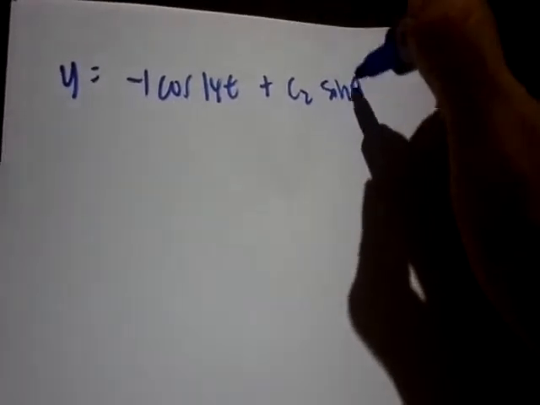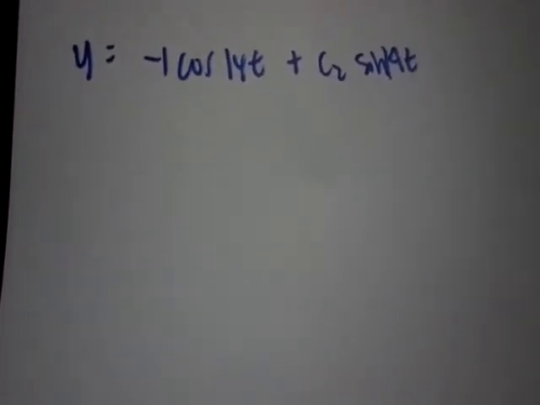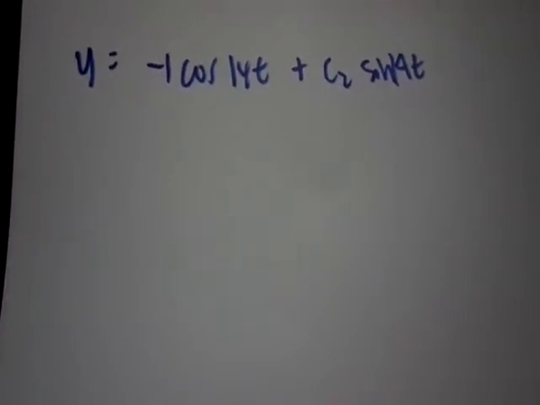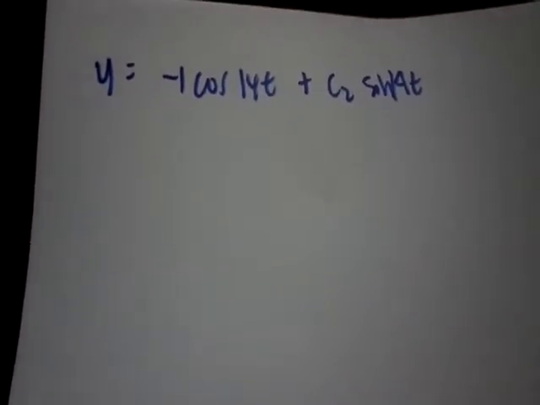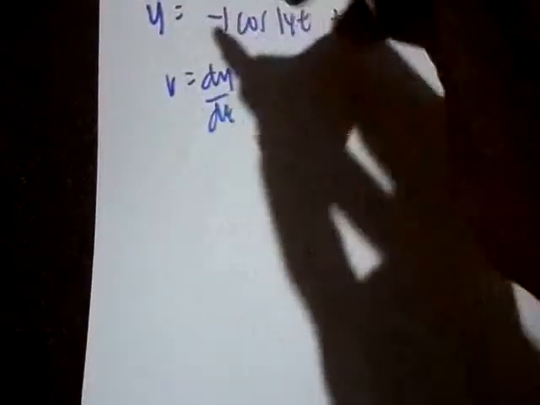Then at time t equal to 0, our initial velocity is 7 centimeters per second. We know that velocity is equal to dy over dt, so we take the derivative of y with respect to t in order to use the initial velocity.